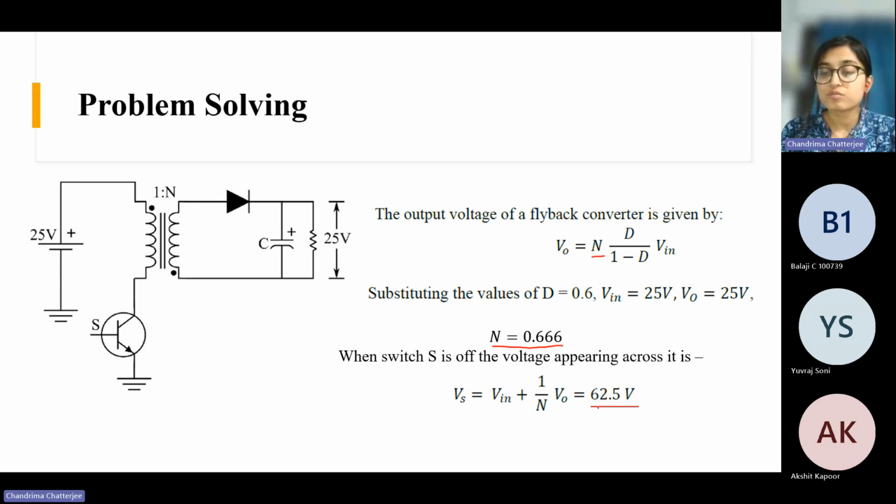So whatever switch you select, the voltage rating of that switch should be higher than this. This is the minimum value that it should withstand, but usually we choose a higher value for the voltage rating.